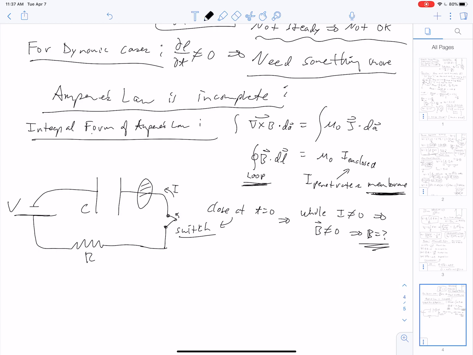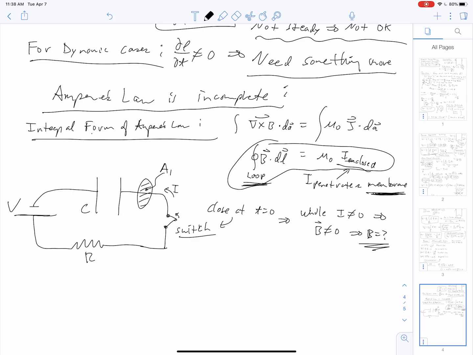I'll do a loop around the circuit up here, and I'll call the area of that membrane A1. Then in your mind, do Ampere's law, and obviously there's some current enclosed because the current is flowing through that loop. That's going to give me the B at the periphery of the loop.